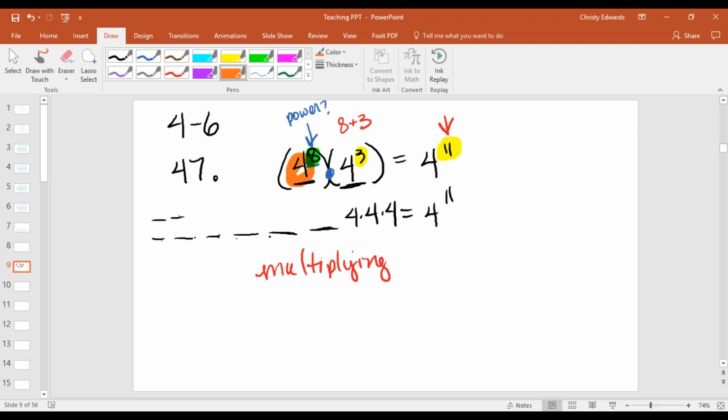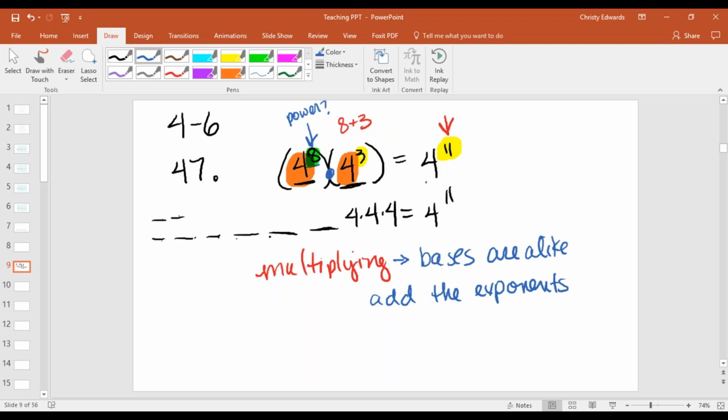Let me remind you that the bases are the big number in an exponent setup. It's more simple to say 4 to the 11th than to say 4 to the 8th times 4 to the 3rd.